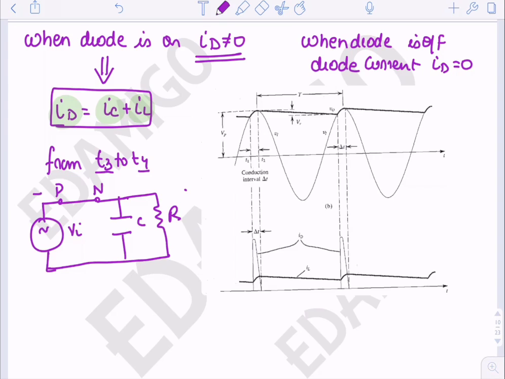The diode current is this ID, this is IC, and this is IL, the load current.